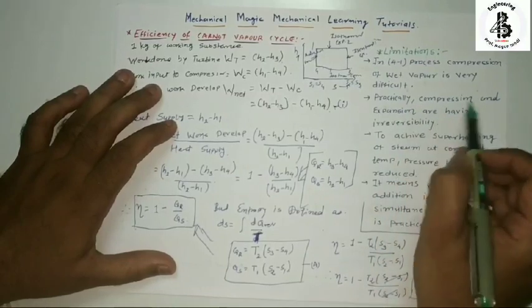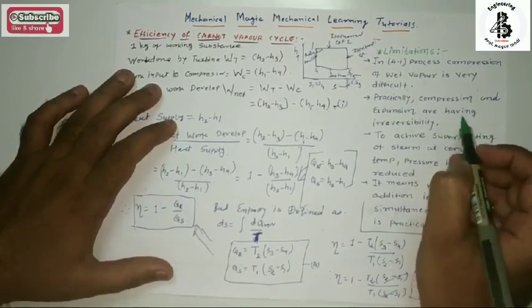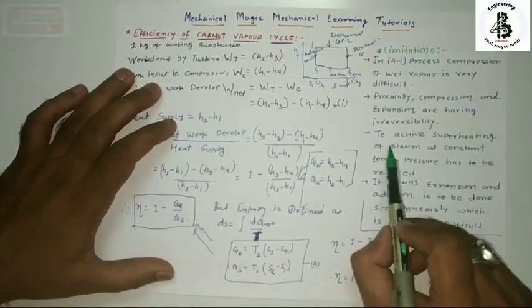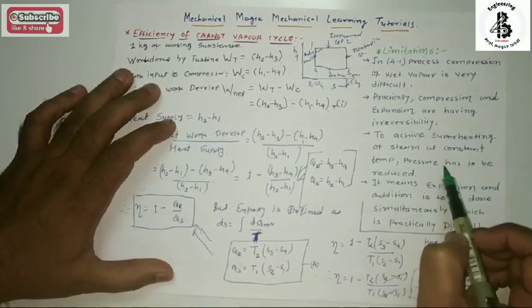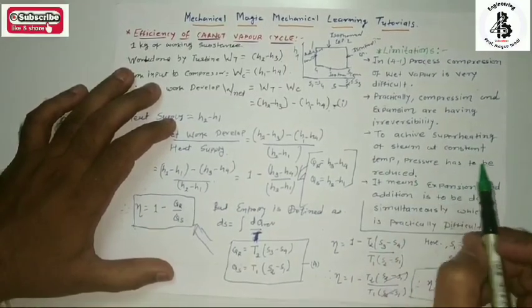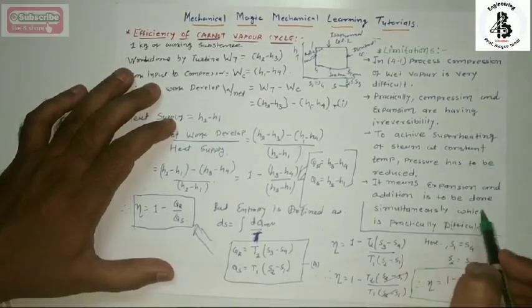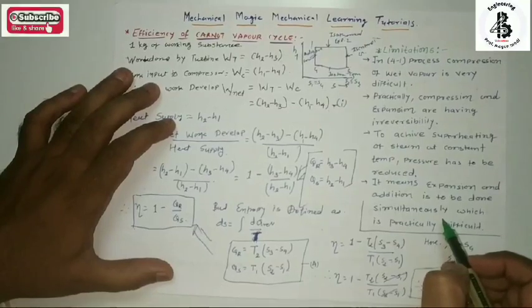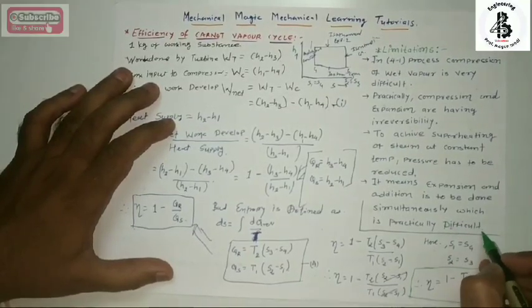Practically, compression and expansion have irreversibility. To achieve superheating of steam at constant temperature, the pressure has to be reduced. It means the expansion and heat addition are to be done simultaneously, but practically that again has many difficulties.